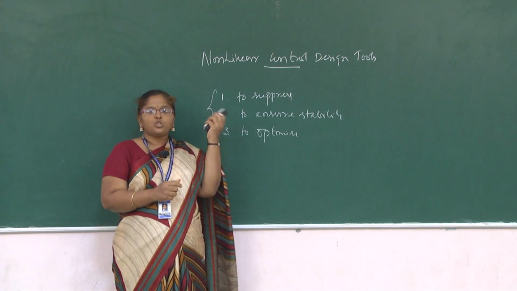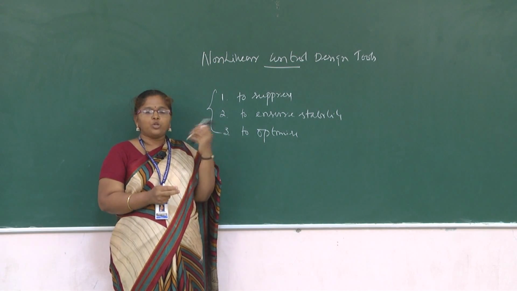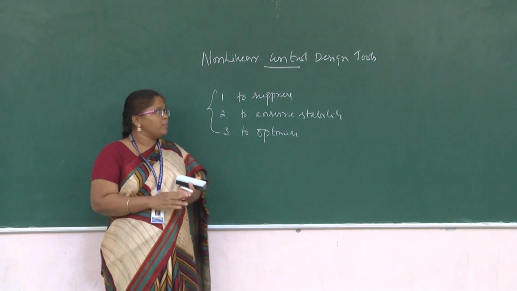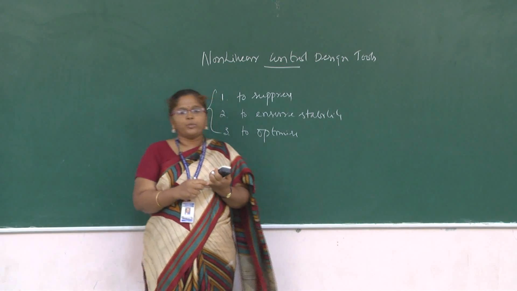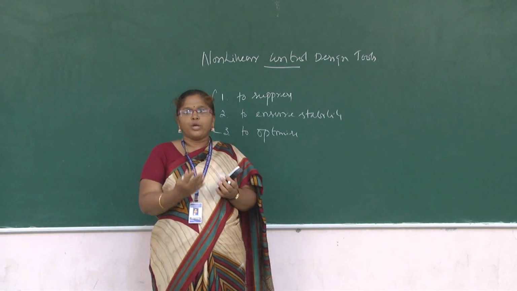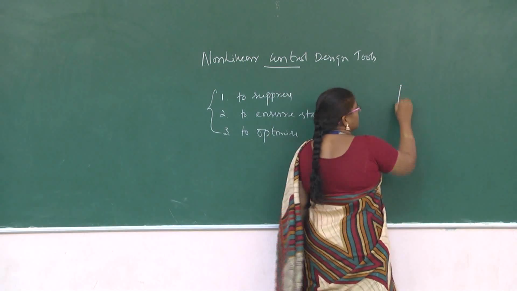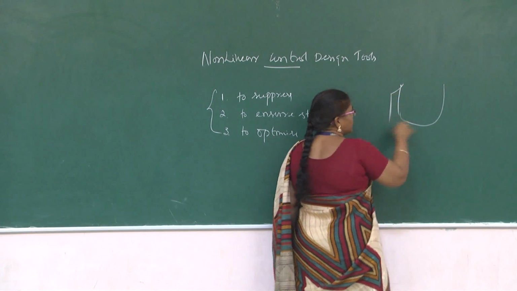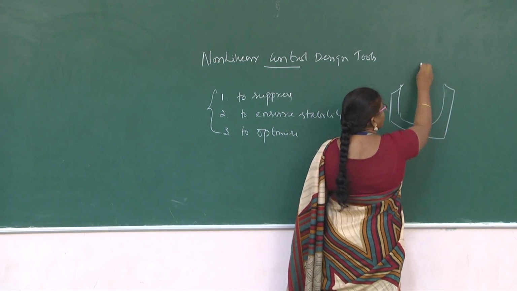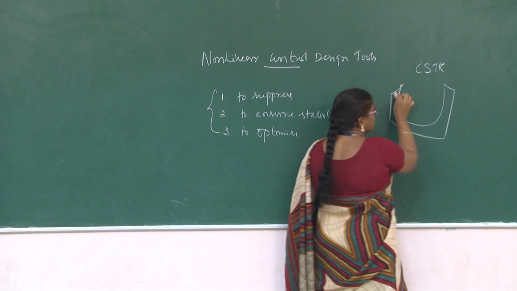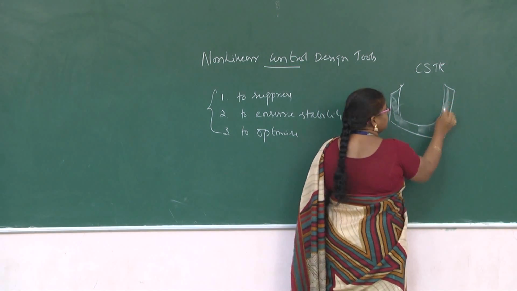So first we need to model any system, then we have to apply that logic for a linear control system. But in linear control system, the problem is, for example, when we do any modeling, we always neglect some effects. For example, if you take a CSTR, in the sense continuous stirred tank reactor, this is the jacket.